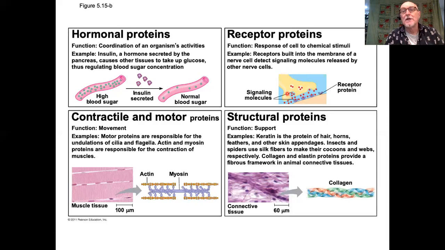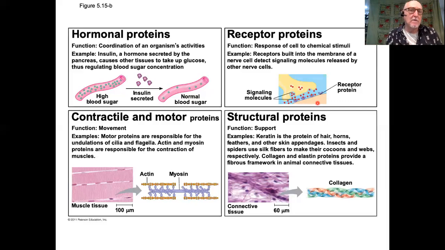That nerve cell will release substances called neurotransmitters, and those neurotransmitters are picked up by receptor proteins. They actually bind to the receptor proteins, and those receptor proteins then convey a signal. They don't transport the substance across. Instead, they generate a signal to the cell. In a muscle cell, they generate a signal to cause it to contract.